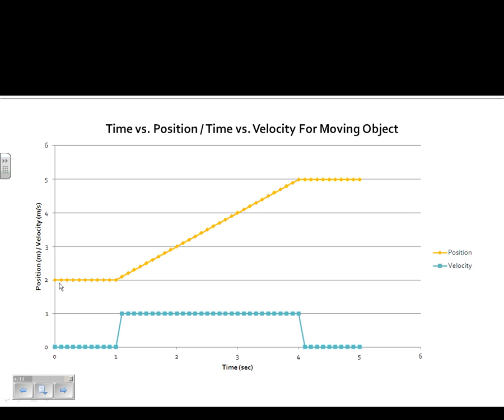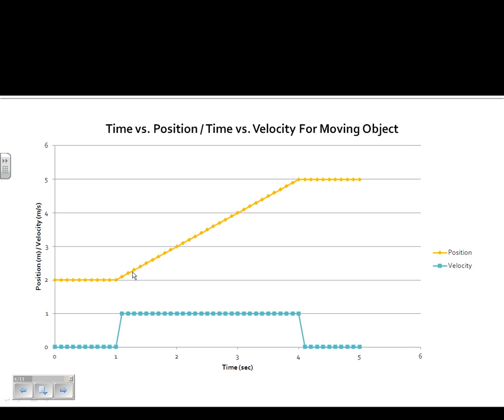Also, if we look at it from what we can tell about the time versus position graph, the slope of a horizontal line is 0. And that means that during this time frame, the velocity is also 0. Then we have a part right here in the middle where the position of this object is increasing at a nice regular rate.